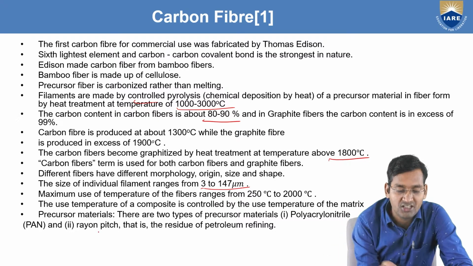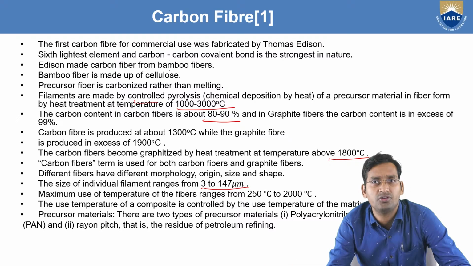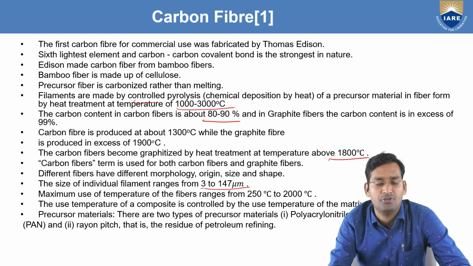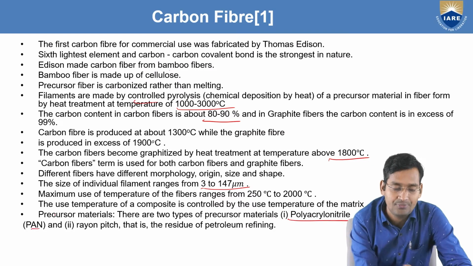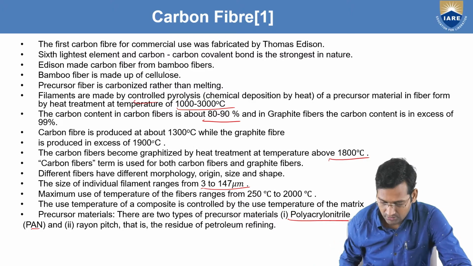So we get rayon pitch from that residue and convert it into carbon fiber. These two are the precursors from which we get the carbon fiber or graphite fiber.